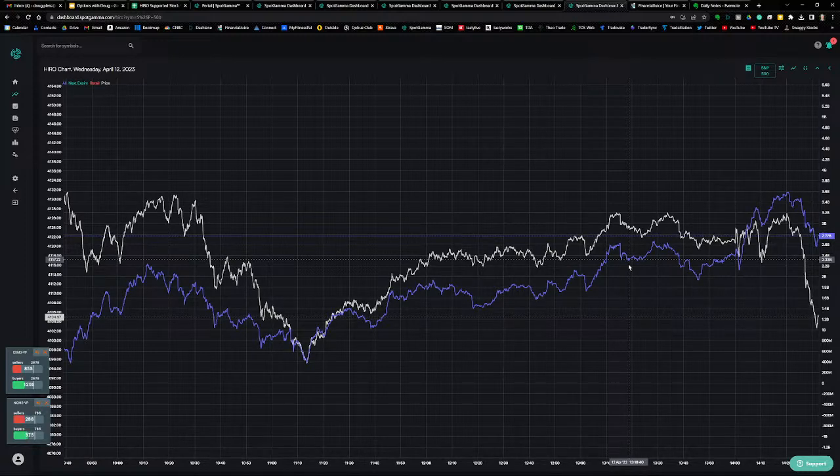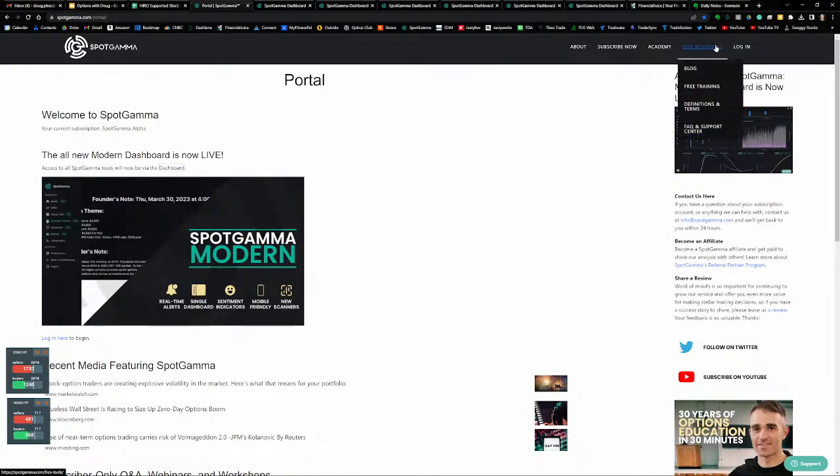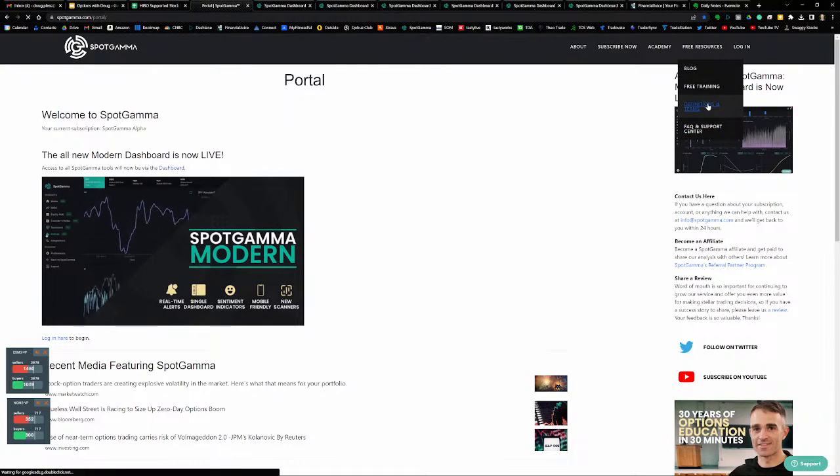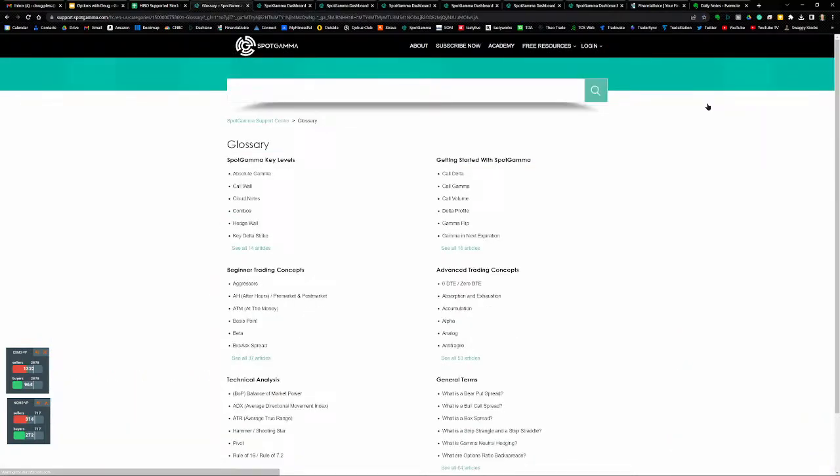All right, so for a hedge wall, first of all, for single stocks, we'll go to these definitions and terms, and this is free to everyone, whether you subscribe to SpotGamma or not.